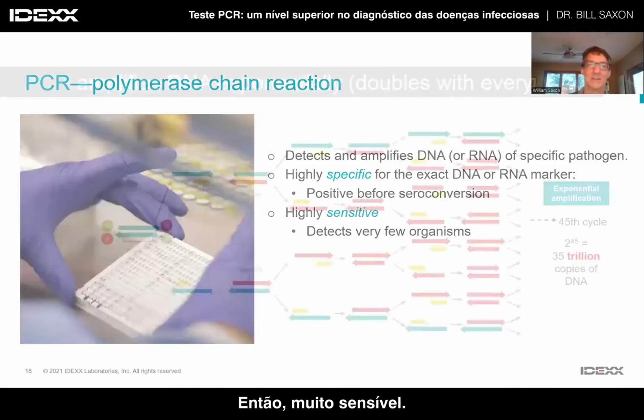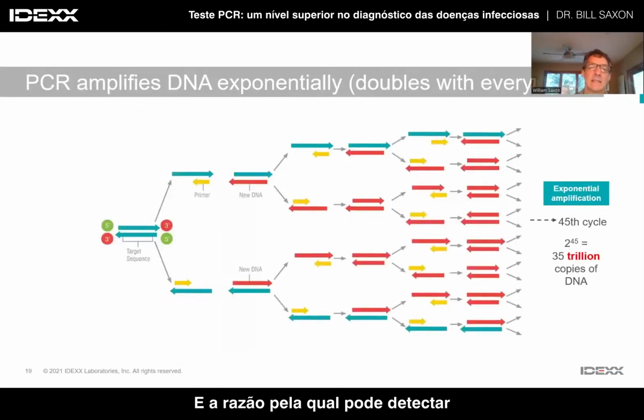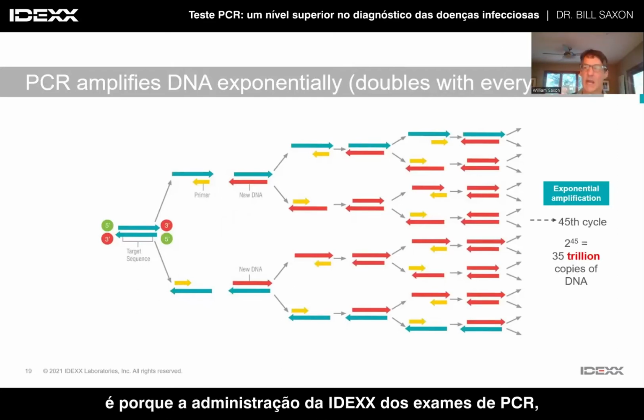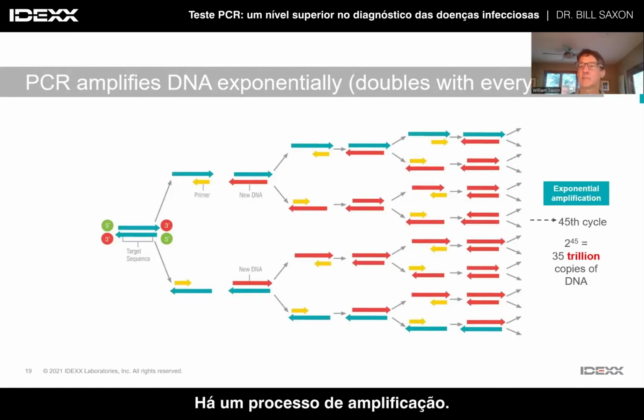So very sensitive. And the reason that it can detect such a small amount of DNA, so few organisms, is because the way IDEXX runs PCR testing is called real-time PCR. There's an amplification process. Every sample goes through many cycles, 45 cycles, with the amount of DNA doubling in each cycle. So by the end of all of this, we've got trillions of copies of DNA.